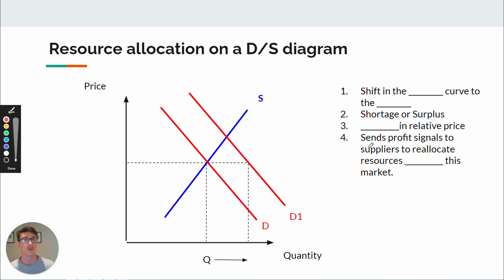Okay, so the high price sends a signal to those producers that, hey, there's a shortage in this market, and in order to clear that shortage and for you to make a profit, you should allocate more resources to this market. Okay, and remember, there's an expansion along the supply curve, a contraction along the demand curve, and the shortage is cleared. And we have a new equilibrium quantity and a new equilibrium price here.